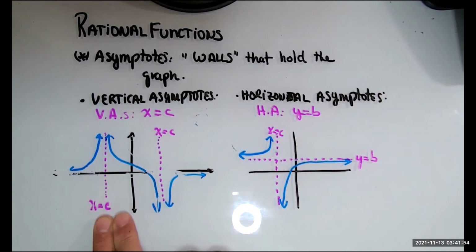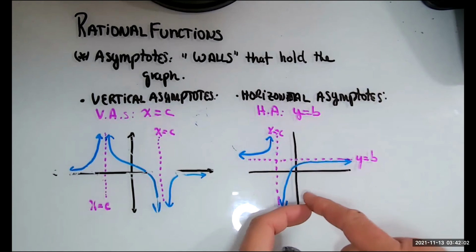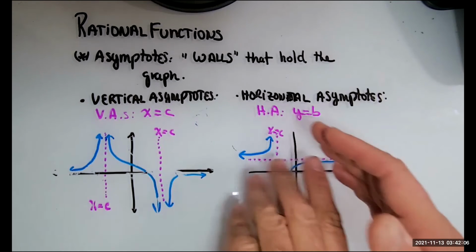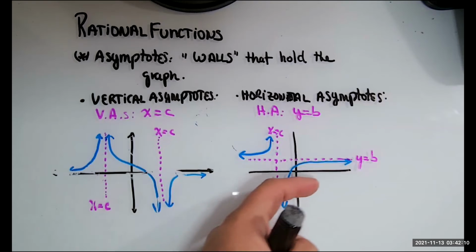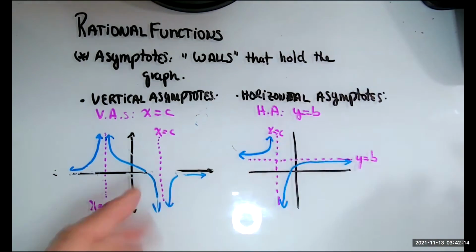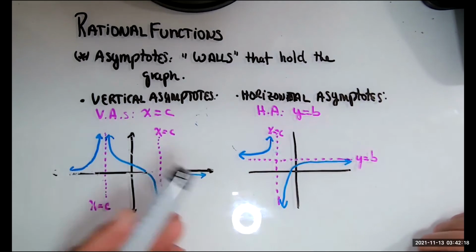Horizontal asymptotes describe the behavior of the function as x goes to negative infinity, where the number gets very, very small, or to infinity, where the number gets very, very big. Does the function keep growing, or does it get capped at a particular number?